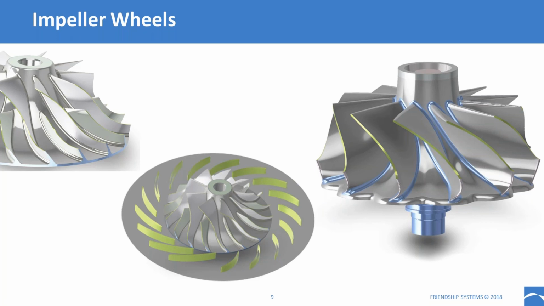CAESES is definitely capable of doing the complete blade modeling, especially as Radek showed before, using these radial distribution functions that describe how the profile parameters change in radial direction.